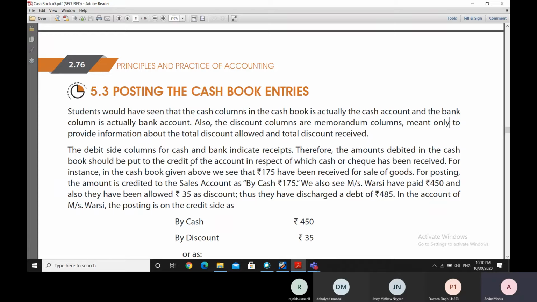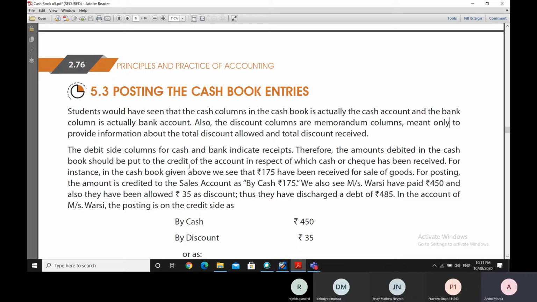Now, as far as the debit side columns or the left side columns of the cash and bank are concerned, they are indicative of receipts of the cash into the cash account or the receipt of any check or cash into the bank. Therefore, whichever amounts are debited in the cash book should be put to the credit of the account in respect of which cash or check has been received.